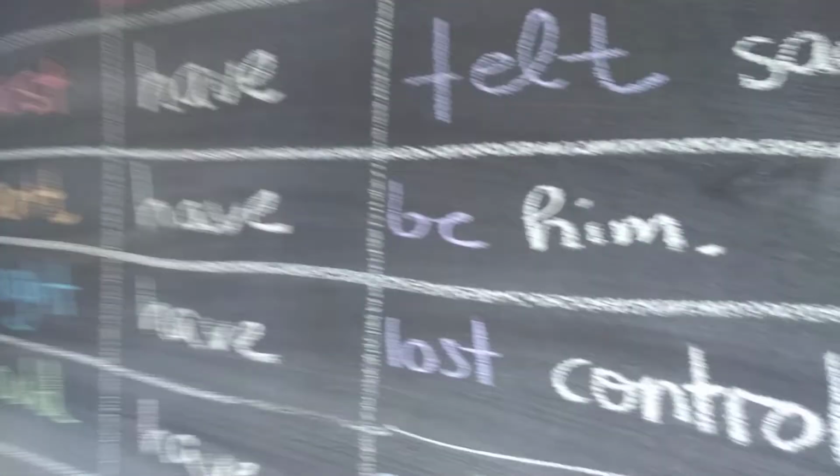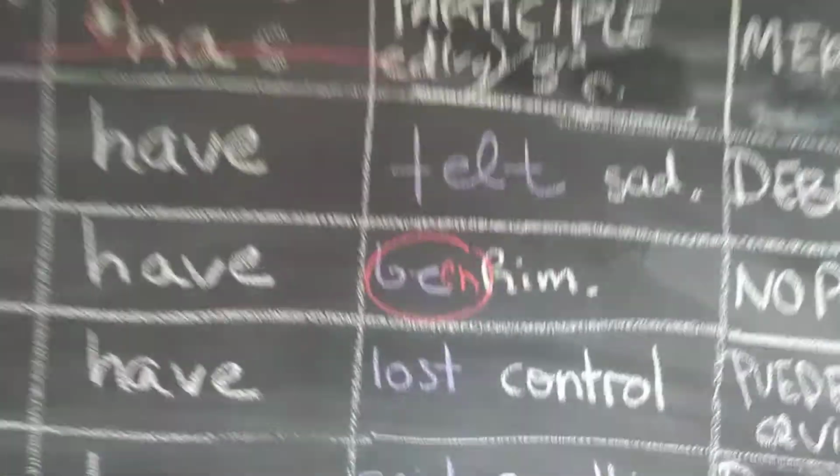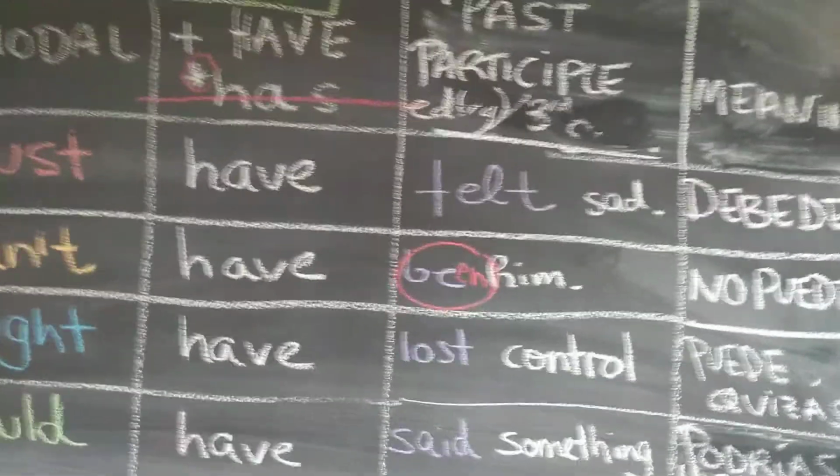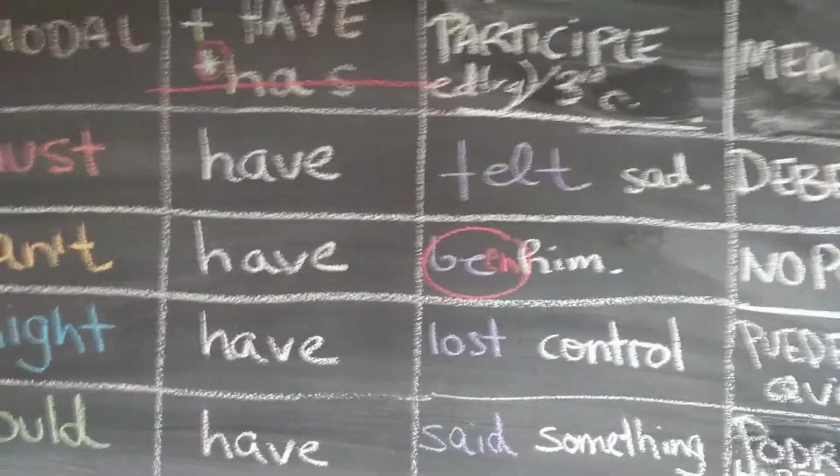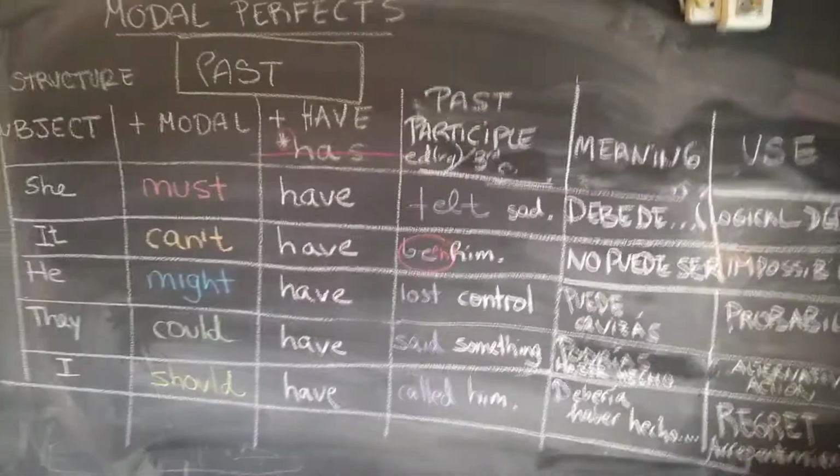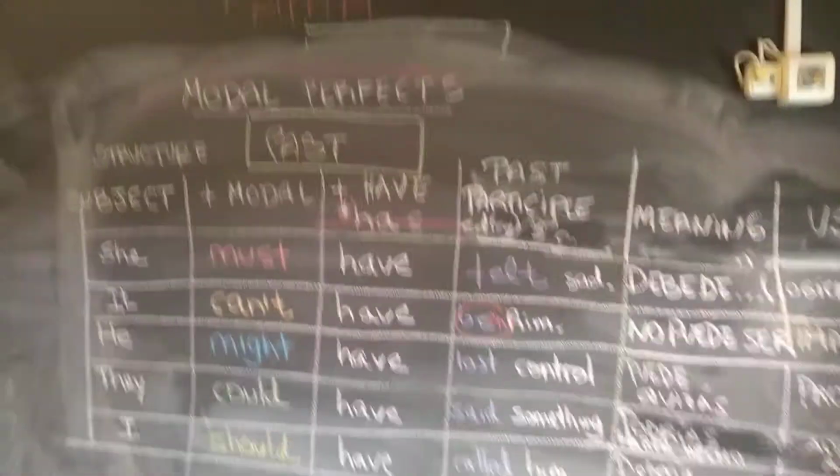Oh, I'm sorry, there's a little mistake. Participle. So when you're doing your examples, your exercises, don't forget that you need the participle form. So impossibility, no puede ser.